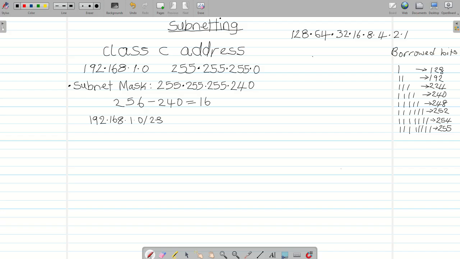192.168.1.0/28. So we add 16, so the next one will be 192.168.1.16. Then 192.168.1.32. Then 192.168.1.